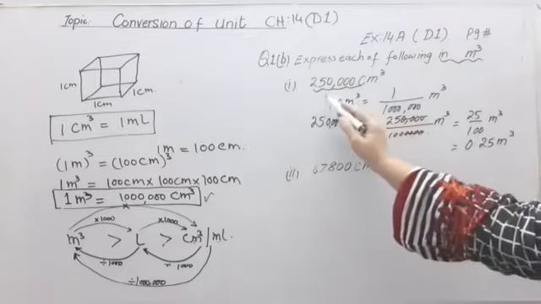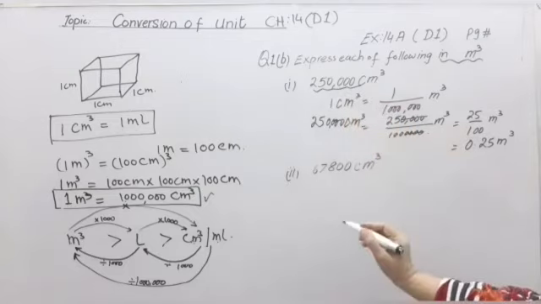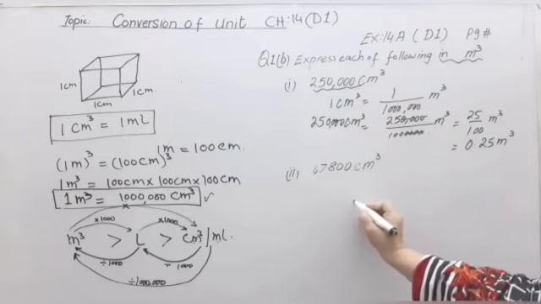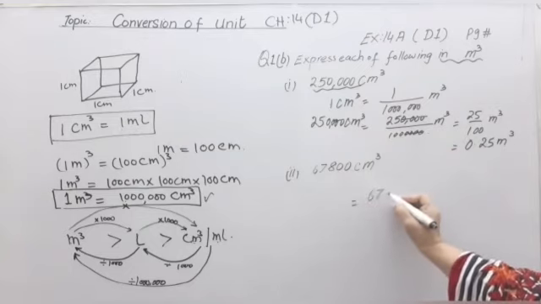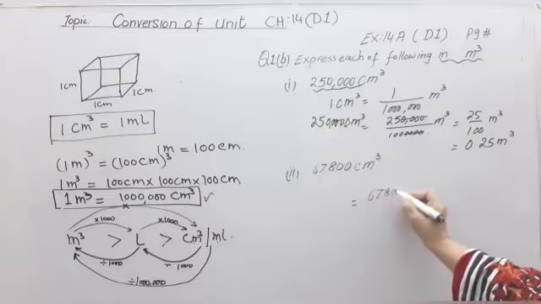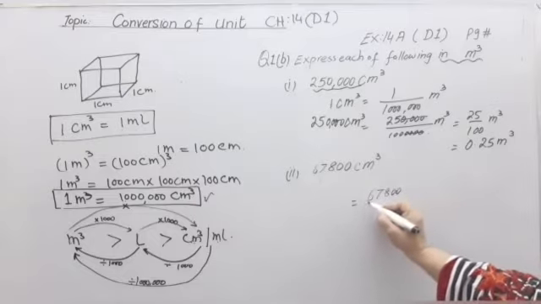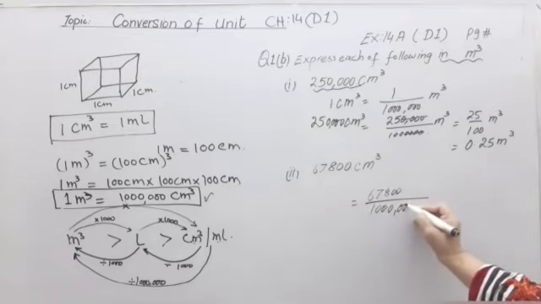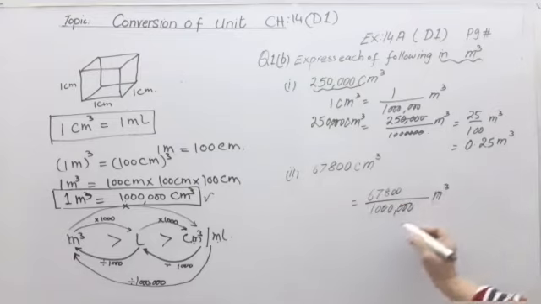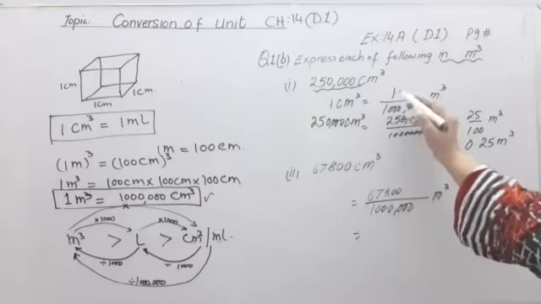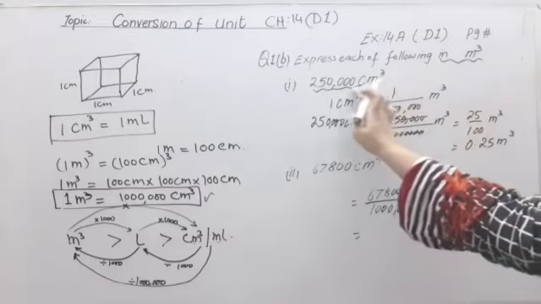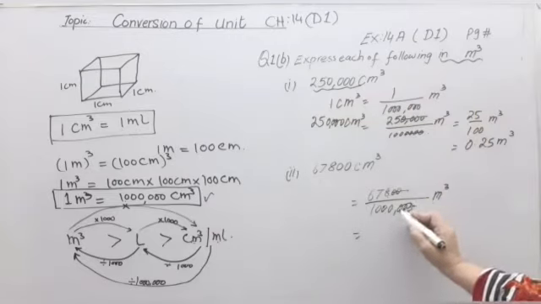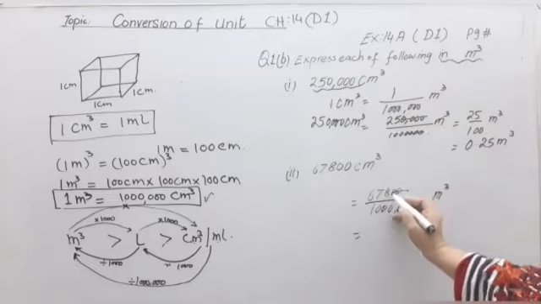So this is the unit value of cubic centimeter. In the same way, 67,800 cubic centimeter changed into cubic meter is equal to this, because I put the same unit amount here. And now we cancel 2 zeros with zeros, and now I divide and move the point.